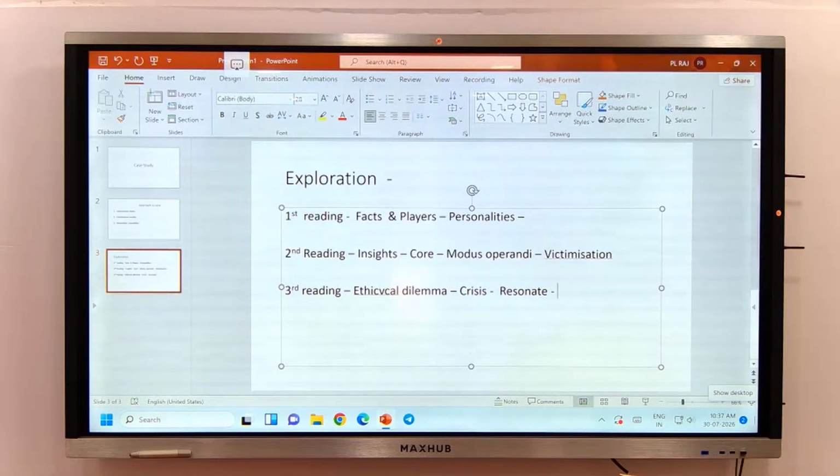That we have to get into 3 layers of the readings, which requires 5 to 7 minutes of reading to understand.